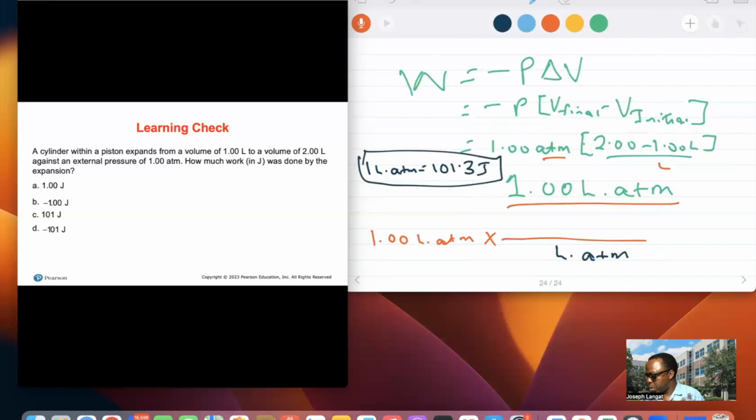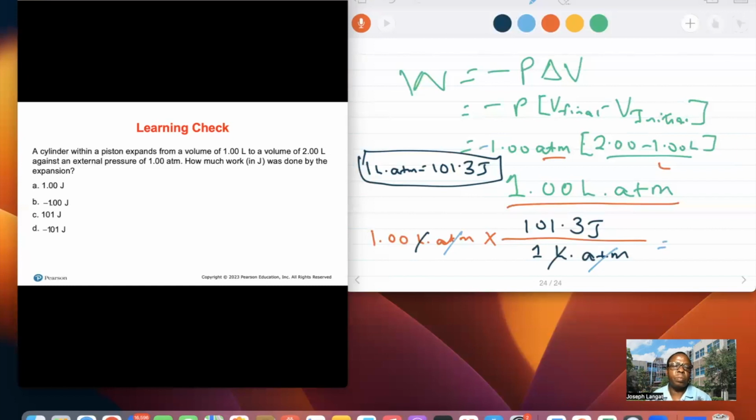This is what we'll plug in here. Liter and liter will go, atmospheres and atmospheres will go, and there was a negative here.